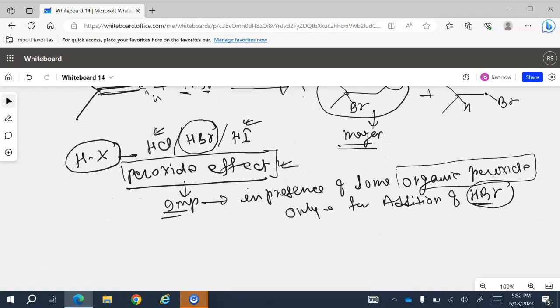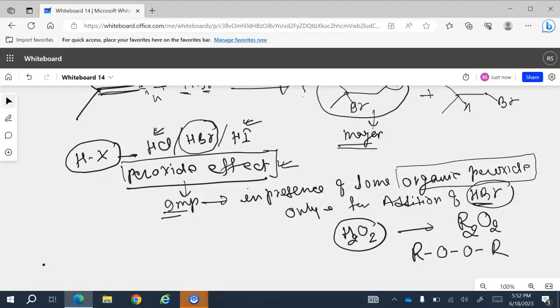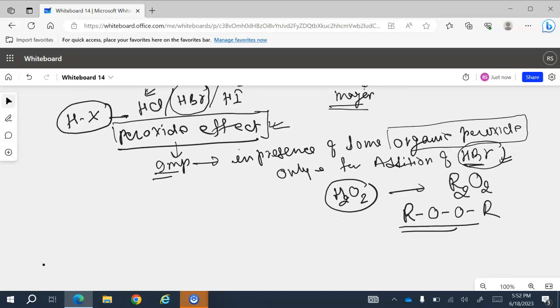Organic peroxide means, unlike hydrogen peroxide, which is inorganic, instead of hydrogen we have some R group, some kind of alkyl group, R2O2, or in other words ROOR, this type of organic peroxide. If we are adding HBr, the addition follows anti-Markovnikov rule.